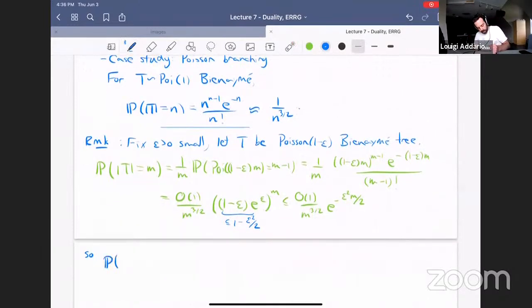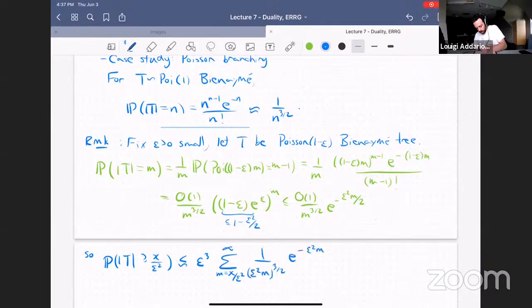And so in particular, if we look at the probability that this Poisson 1 minus epsilon Galton-Watson tree has size bigger than x on epsilon squared, then this is roughly just, so I'm going to multiply and divide by epsilon cubed so that I can write this as epsilon squared m to the 3/2 e to the minus epsilon squared m on 2.